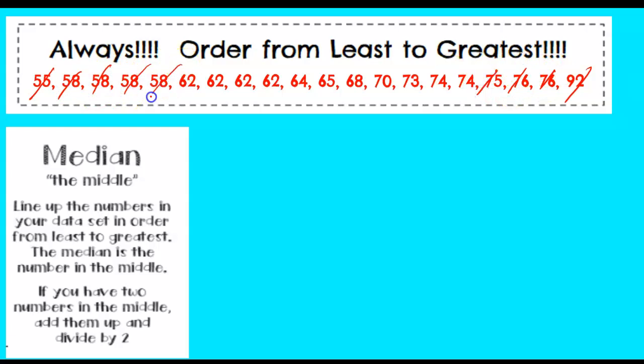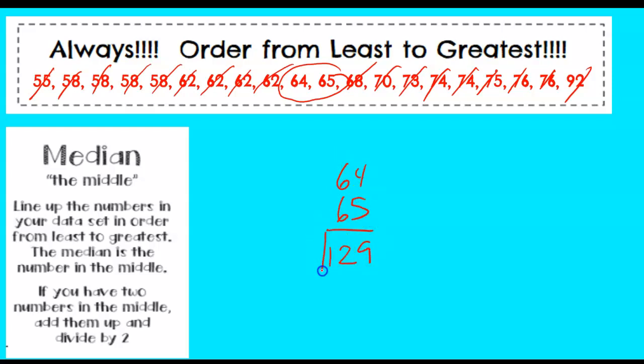Does that make sense? And then you find that there's either one number or two numbers in the middle. In this case, there are two numbers in the middle, right? If we mark both of those off, there wouldn't be anything left. So those are the two numbers in the middle. When there's one number in the middle, that's your answer. That's your median. When there are two, though, we have to add them together and divide by 2.